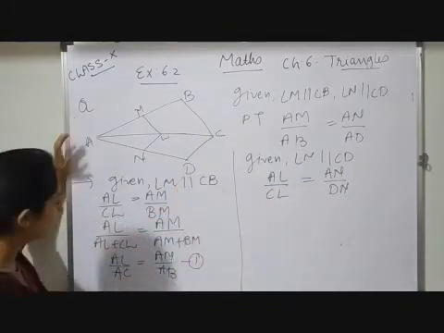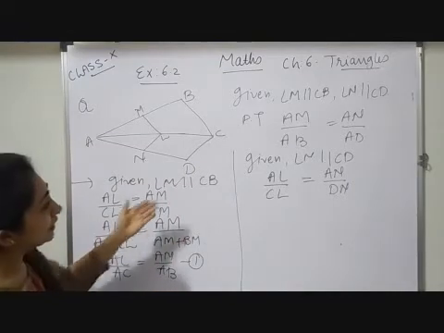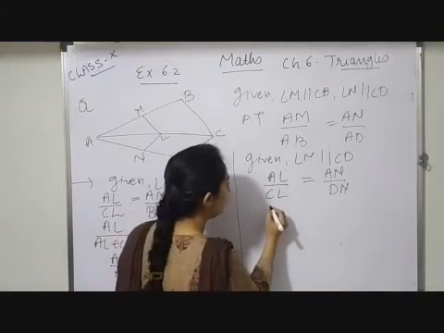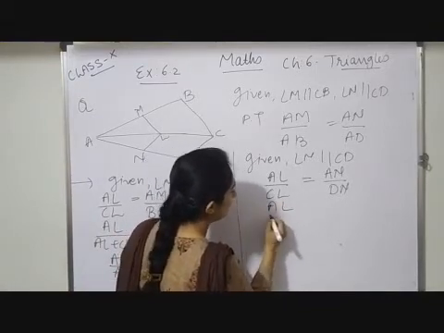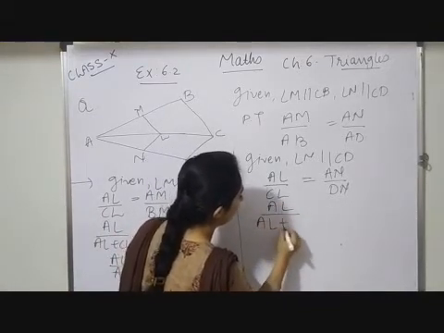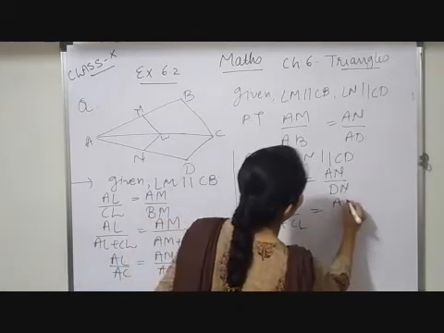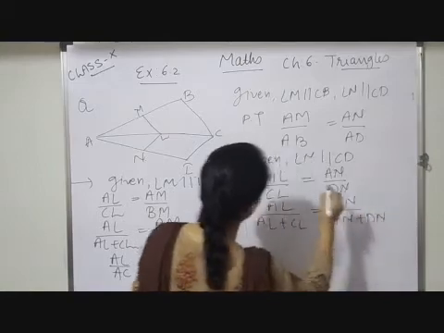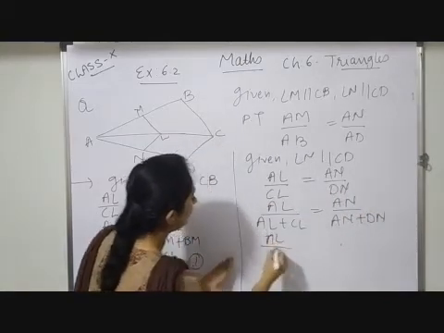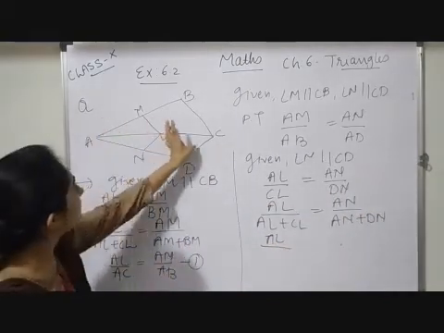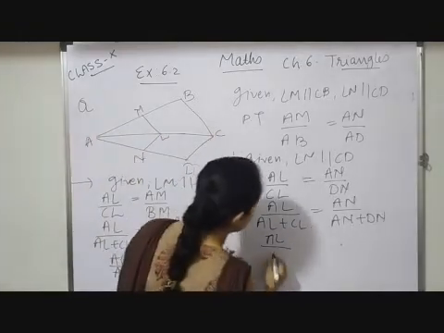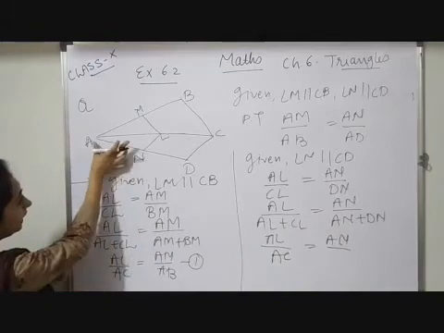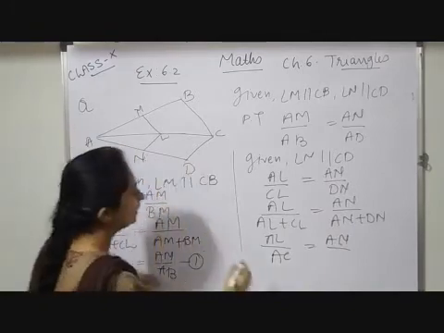So here also, just like in the previous part, I can add the numerator to the denominator on both sides to balance the equality. So I will write AL upon AL plus CL equals AN upon AN plus DN. So what we get here: AL upon AL plus CL is nothing but again your side AC, which equals AN upon AN plus DN, your whole side AD.